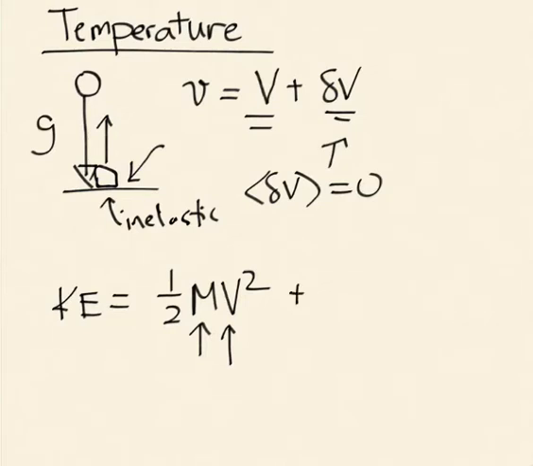But then I'm going to have a term that goes like the sum over all the atoms inside the tennis ball, 1/2 m, where little m is the mass of each atom, delta V of each atom squared.